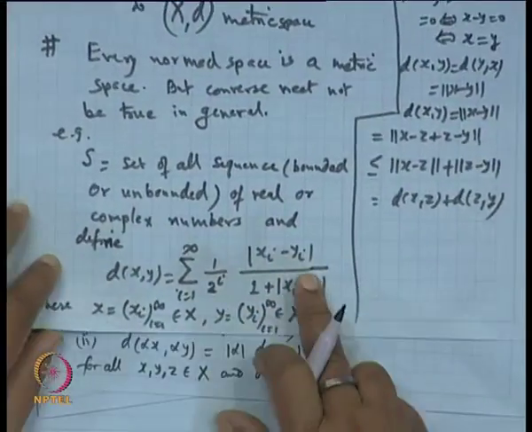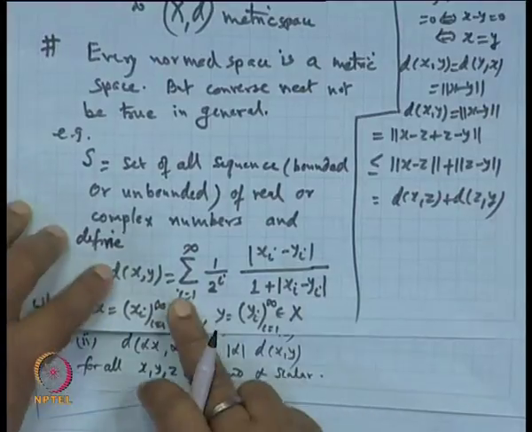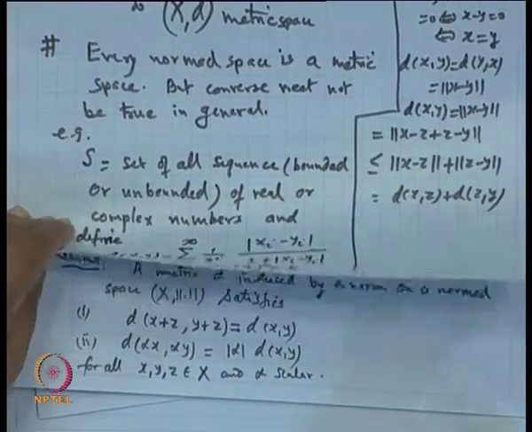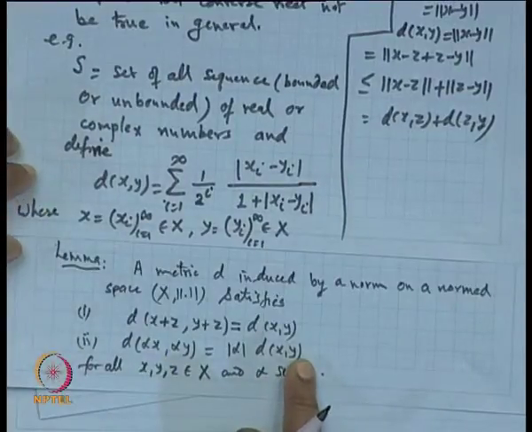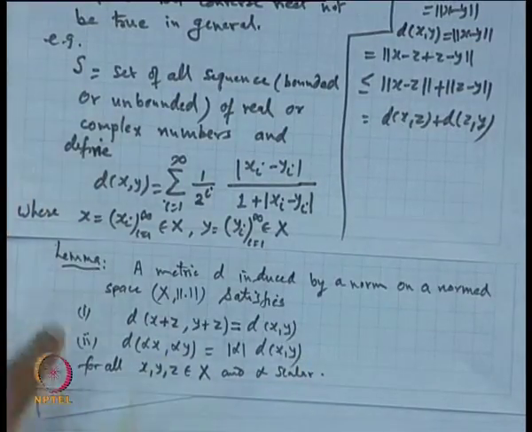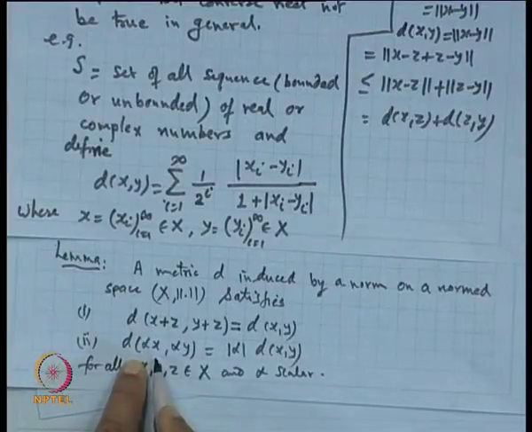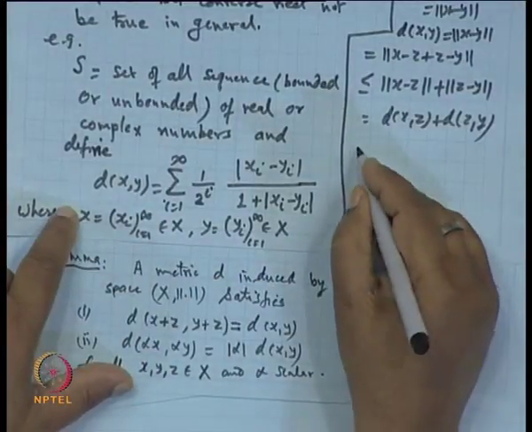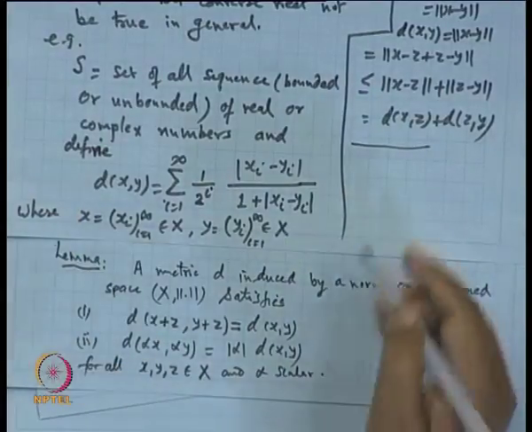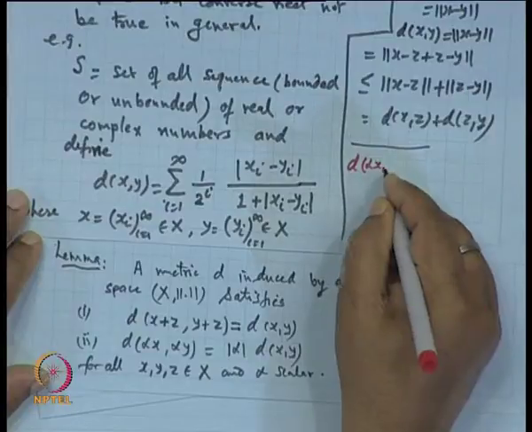In the earlier case, if we look at this metric which we have defined, d(x, y) equal to sum of 1 upon 2^i times mod of x_i minus y_i over 1 plus mod of x_i minus y_i, we have seen that this is a metric, but not a norm. It means that the conditions which we have introduced may not both be satisfied. Say, if I take the second condition, what will be d(alpha x, alpha y)?